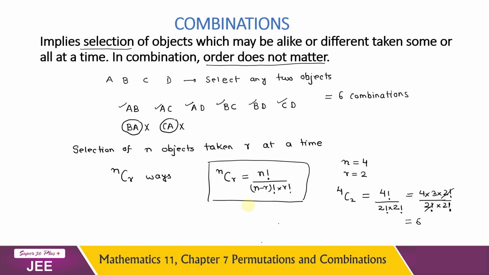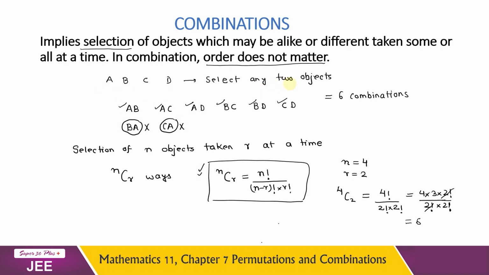Whenever I say combination, I am implying selection of objects. Now we have to understand how we have arrived at this formula of nCr. Let's understand this. In this case, I had 4 objects and out of these 4 I have to select any 2.